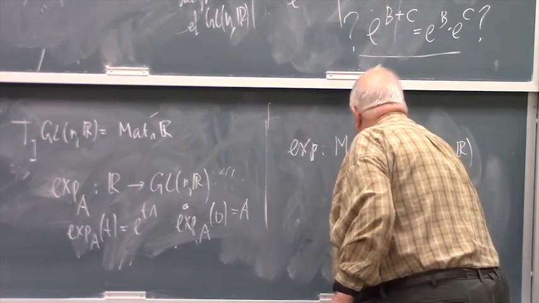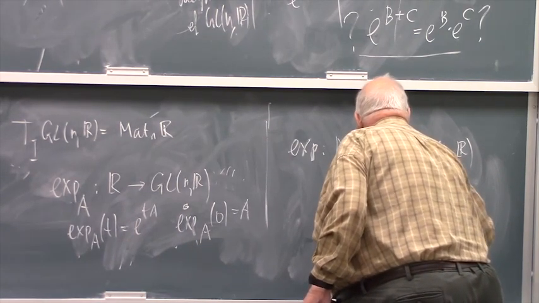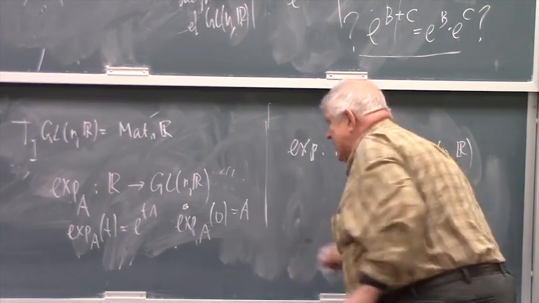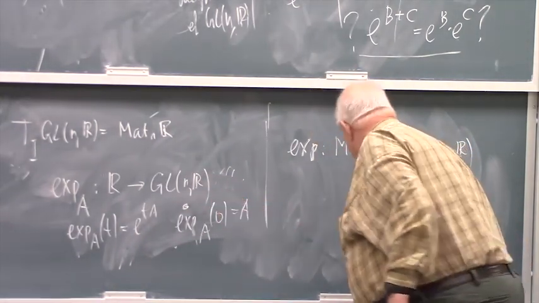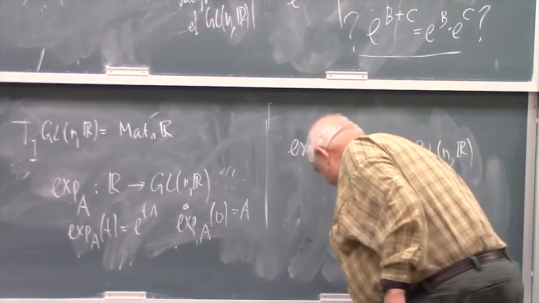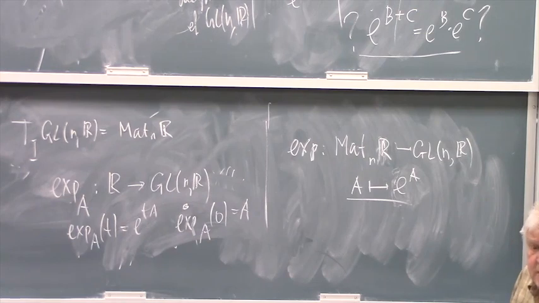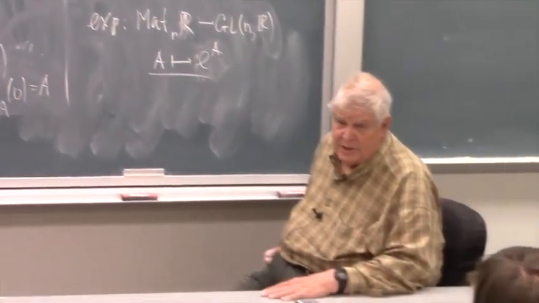It takes the matrix A into e to the power A. I have to take this one-parameter subgroup and take t equal to 1. What can be more exponential than this? So at least for the group of matrices GL_n(R), maybe the most important Lie group, this exponential mapping is exponential. This is the reason, at least one of the reasons, why it is called exponential.